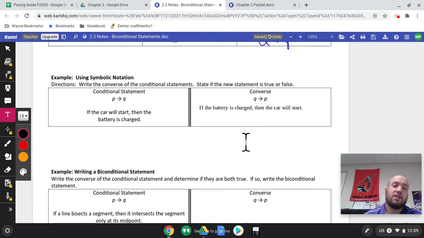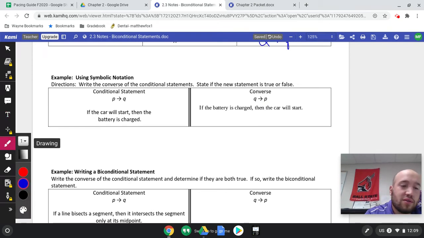Now, let's take a look at these two and decide, do we think they are true? If the car will start, then the battery is charged. I'd say that's usually true. The only time that's not the case is sometimes your battery's dead and someone gives you a jump start. But other than that one situation, we're going to say it's true. Now, this last one, if the battery is charged, then the car will start.